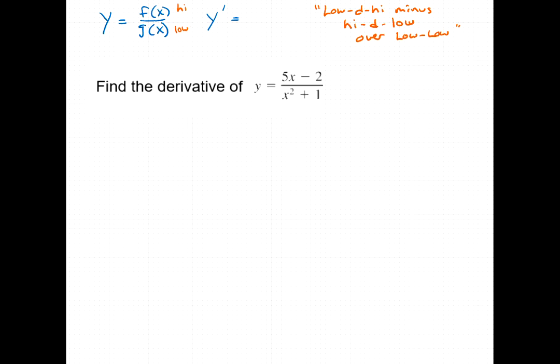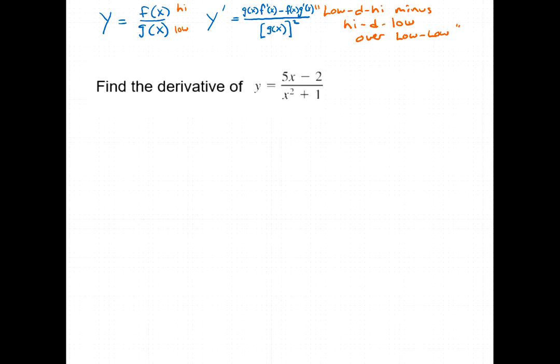So the quotient rule says low d high, the low function, g of x, times the derivative of the top function, minus high f of x, d low, the derivative of g of x, over low low, or the g of x, the denominator, squared. Okay, so there's our quotient rule for derivatives.